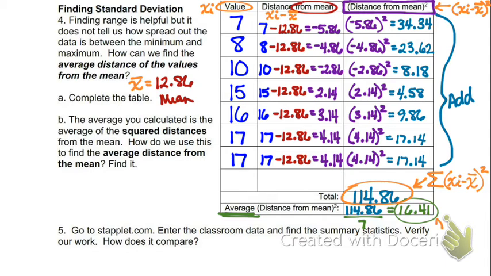And so this guy right here would be the sum of xi minus x bar squared divided by n, where n is the number of data points I had, or in this case it would be the number of groups.